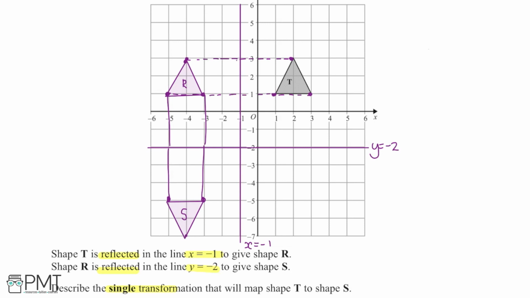Now we need to find the point at which this rotation is going to be from. Now we have these two lines that the shape's been reflected over.